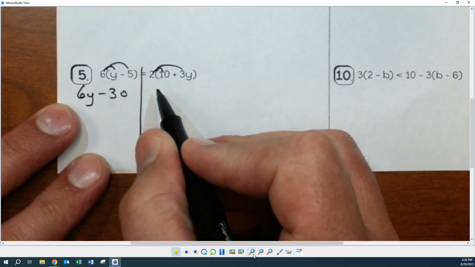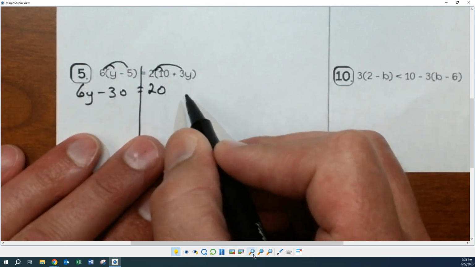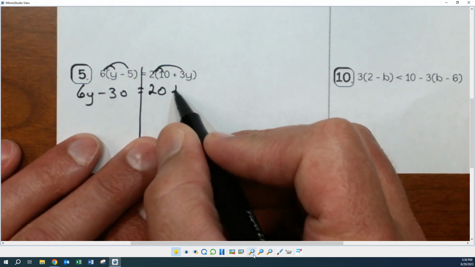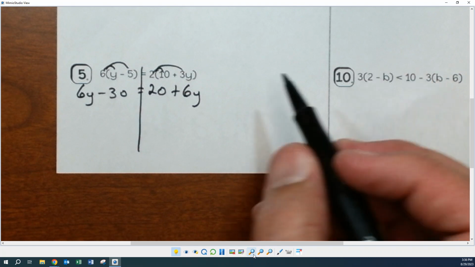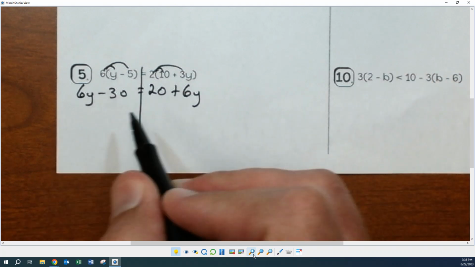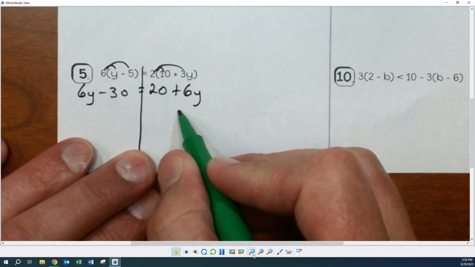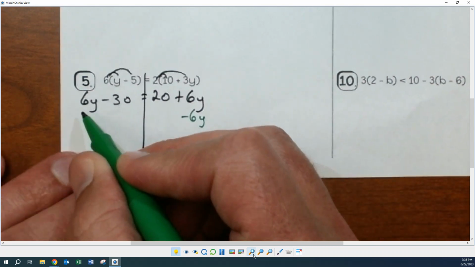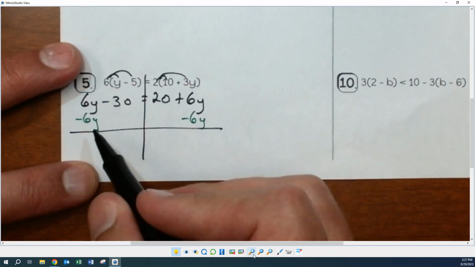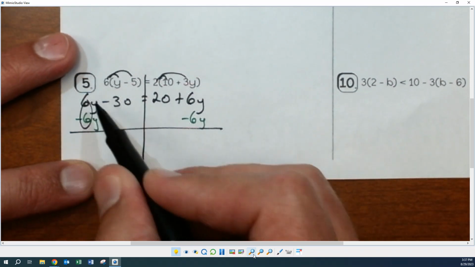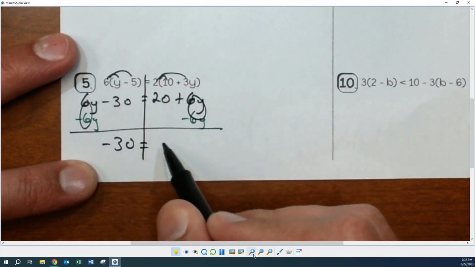Distribute here. 2 times 10 is 20. 2 times positive 3y is positive 6y. In this case, I have positive 6y over here, positive 6y over here. So I'm going to go ahead and subtract 6y. And what I notice is that these zero out, and I'm left with negative 30 on one side and 20 on the other.